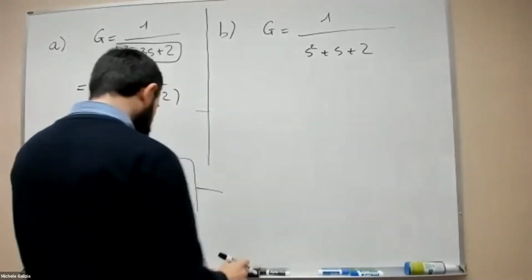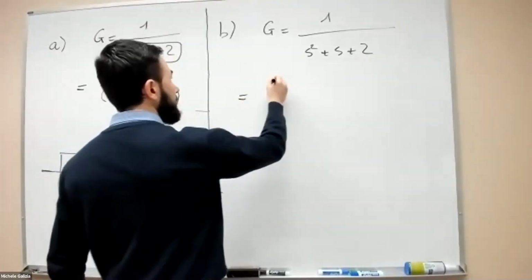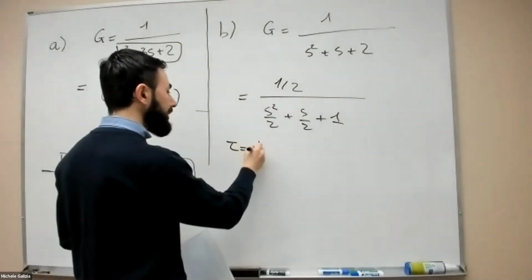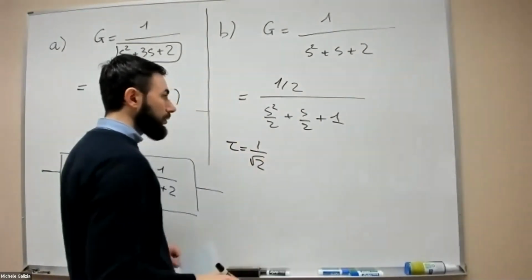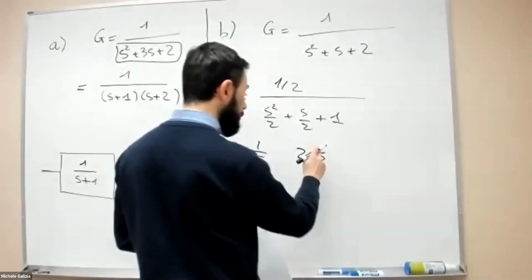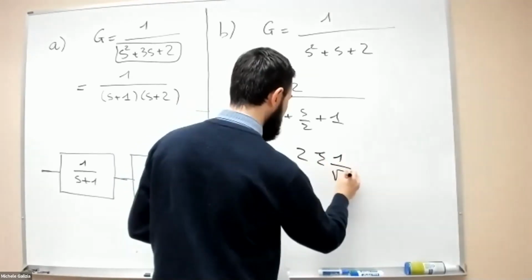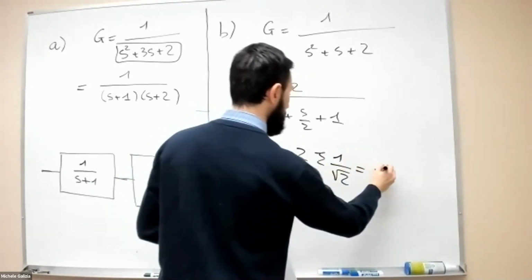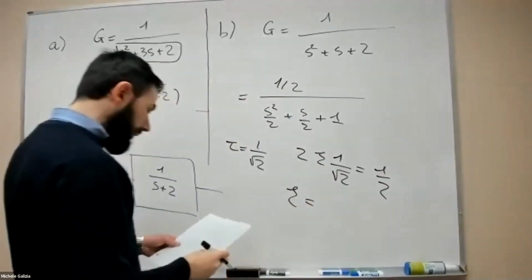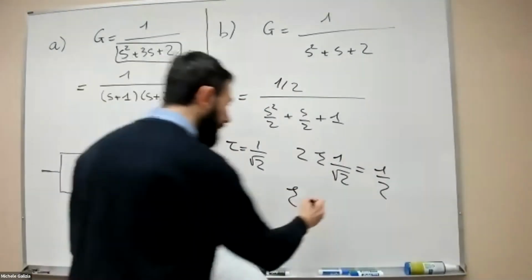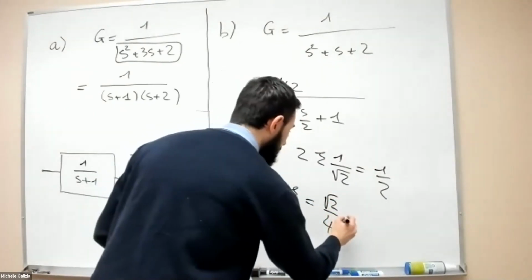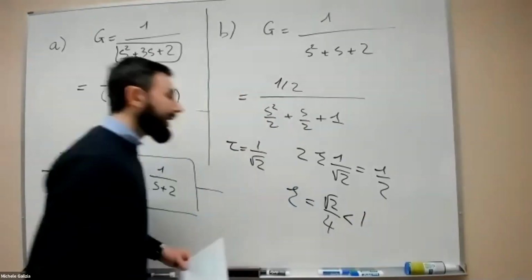Likewise here, let me go very fast. Standard form of the transfer function, tau is equal to 1 over the square root of 2, psi tau will be equal to 1/2, from which the damping factor psi is equal to the square root of 2 over 4, which is less than 1.